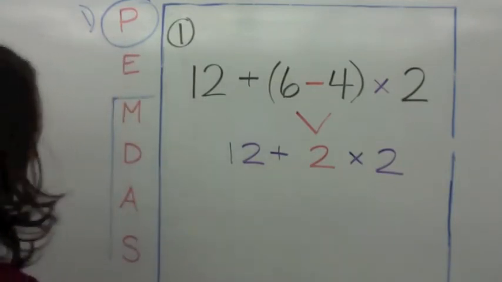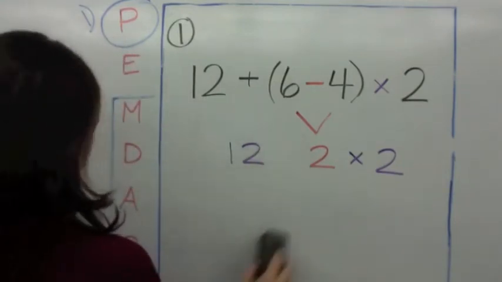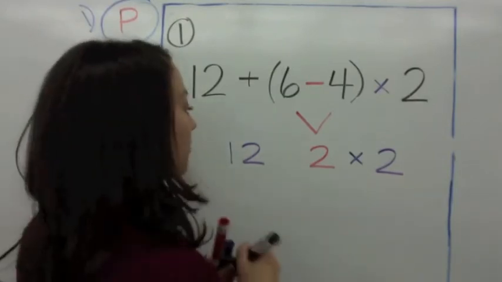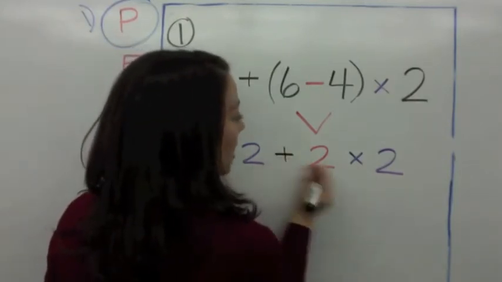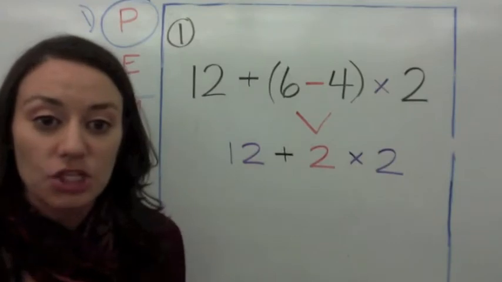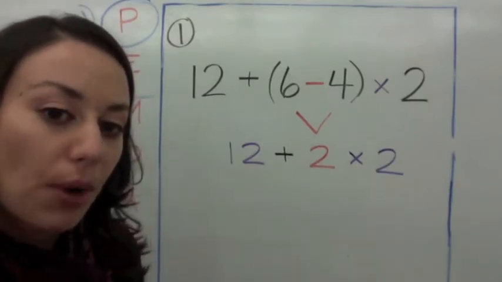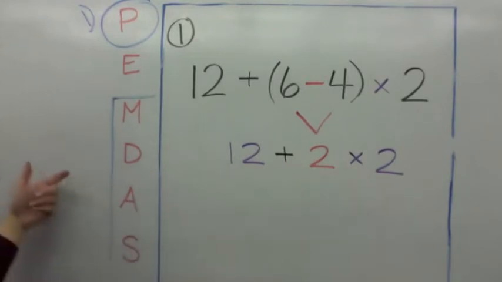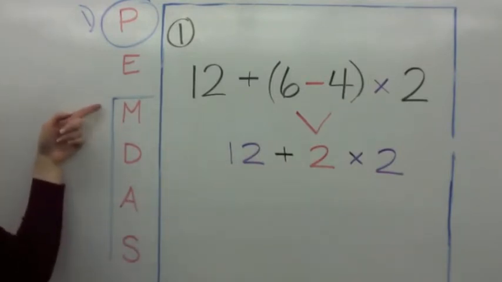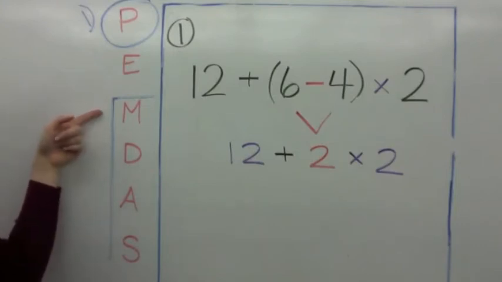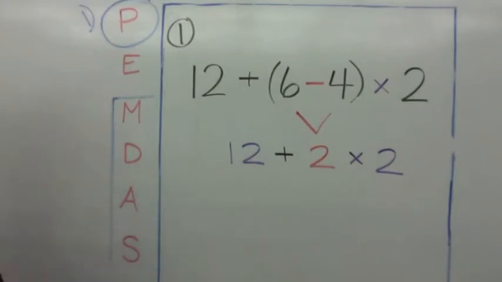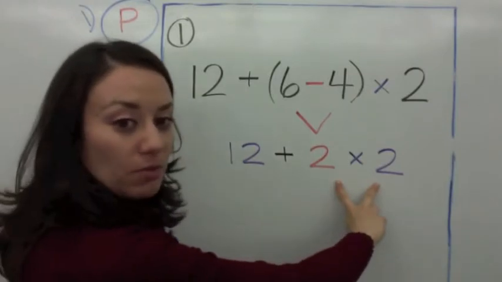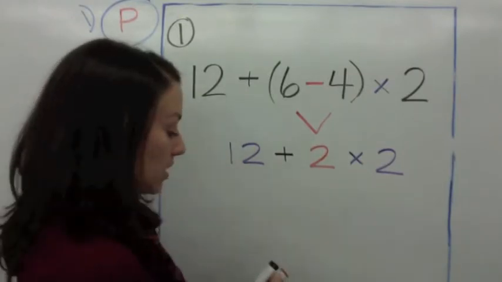I'm going to make the addition sign black so you can tell the difference between addition and multiplication. The multiplication sign is purple. So what would you do first here? Would you do addition or multiplication? Multiplication comes first. So you want to work with multiplication before you do the addition.